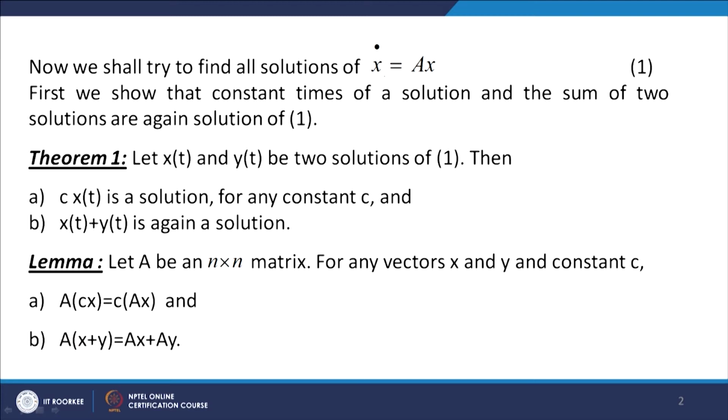So, d over dt of x plus y equals A into x plus y, and therefore, if x(t) and y(t) are solutions of the homogeneous system x dot equal to Ax, then x(t) plus y(t) is also a solution of the homogeneous system.